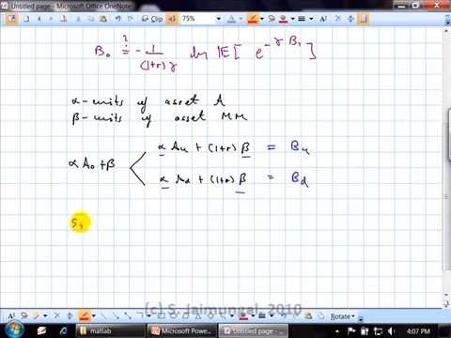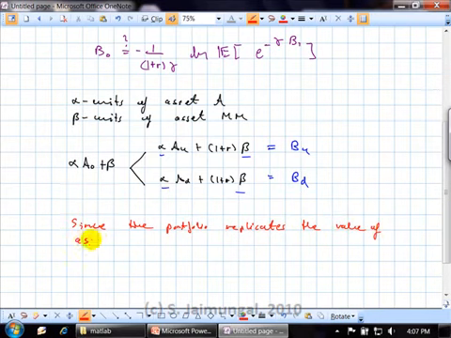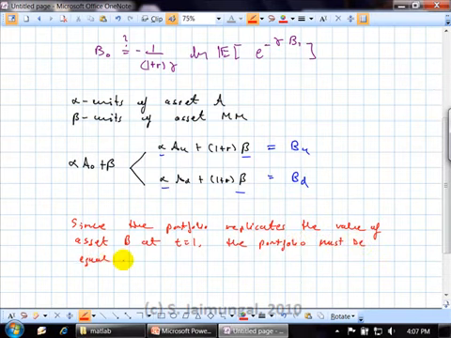We say that since the portfolio replicates, this is called replication, the portfolio replicates the value of asset B at t equals 1, the portfolio must be equal to asset B value at t equals 0, i.e.